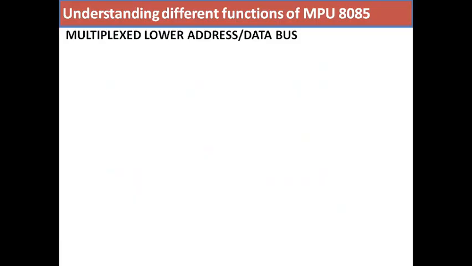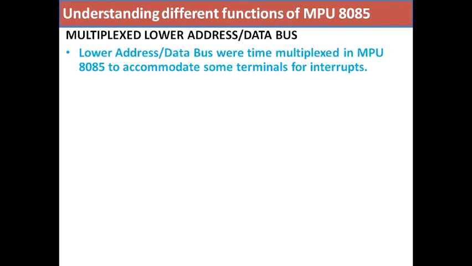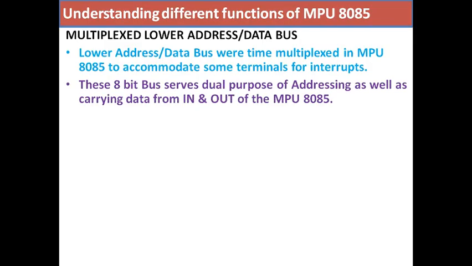Now let's see the multiplexed lower order address bus. This was first introduced in 8085 to accommodate some terminals which are now known as interrupts. 8080 and 8085 are similar, but 8085 is an advancement over 8080. 8080 microprocessor didn't have any provisions for interrupts.